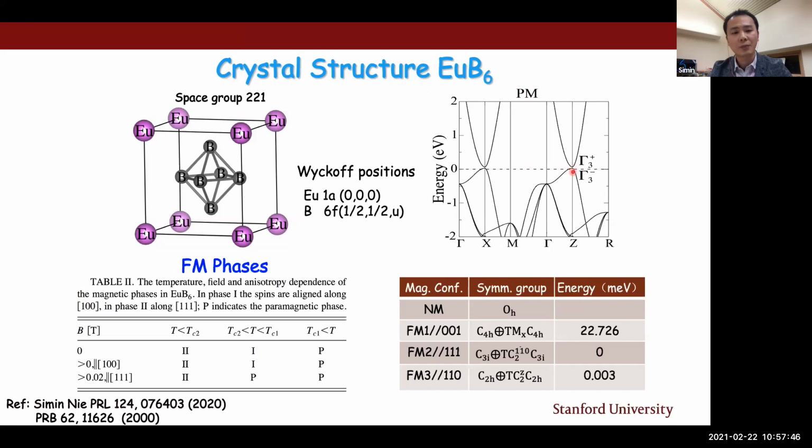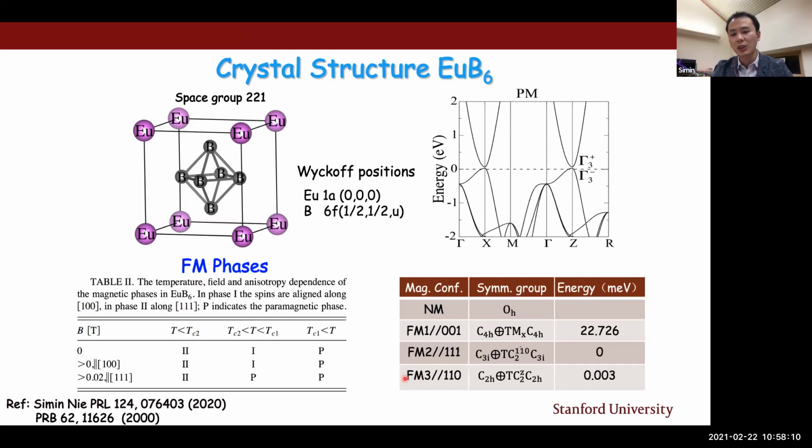Our calculation shows the ferromagnetic EuB6 is an insulator, which is consistent with the previous measurement. At low temperature, two ferromagnetic states have been observed. The ferromagnetic orders of them are parallel to the 001 direction and 111 direction respectively. In our paper, we call them FM1 and FM2 respectively.